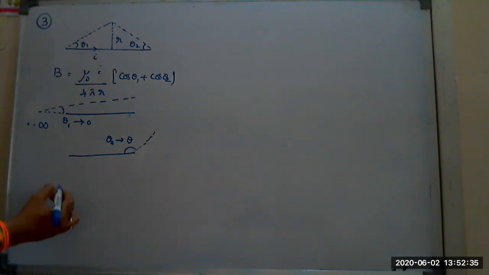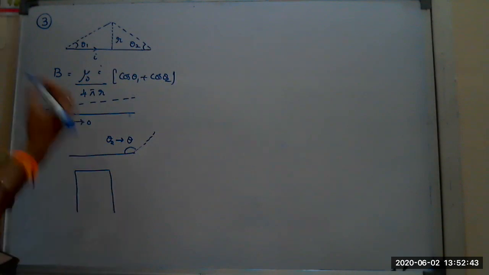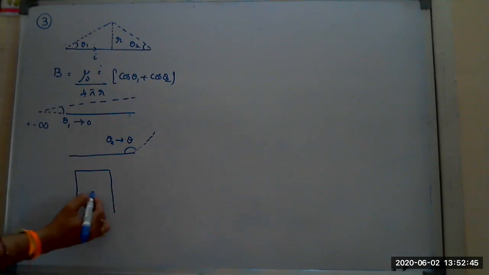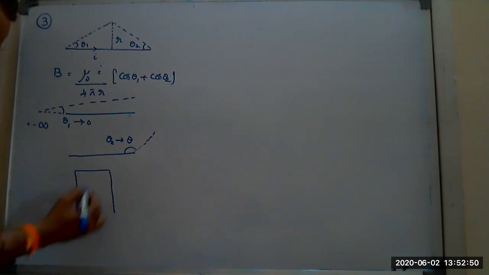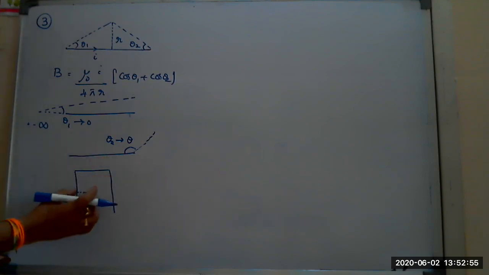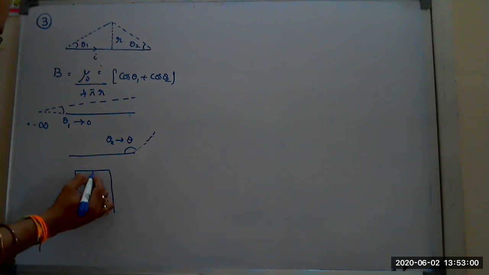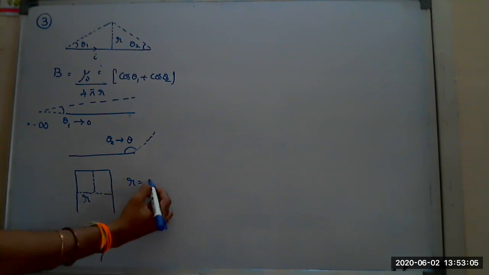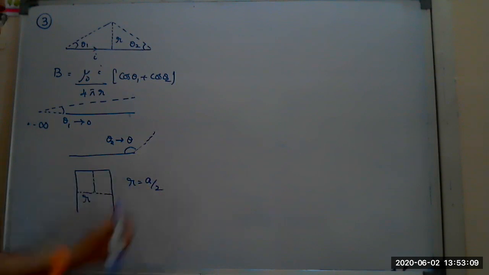And here one more. If this is the wire in a square, and here it is the point, side length is given as A. So from any part of the wire, three parts are there, the distance R from the first, or from the second, or from the third, from any one, R is exactly half of the length of the wire, that is A by 2.